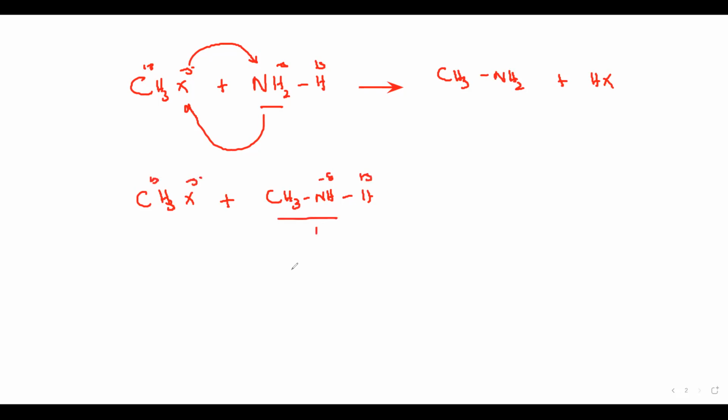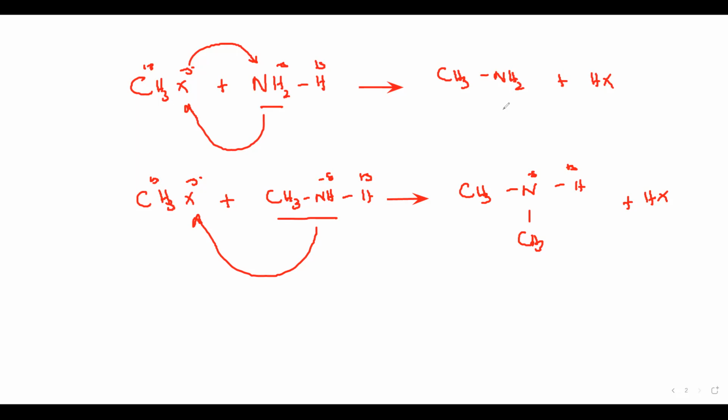So this whole partial negative part will take the position of the halogen. As a result, it will be CH3, CH3 will be there, and H will be there, plus HX.